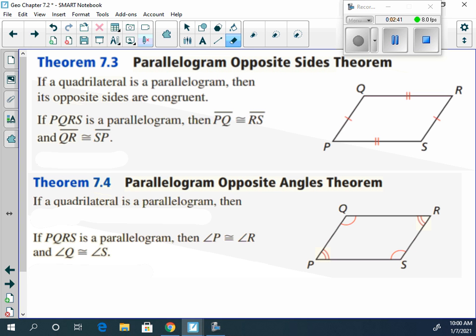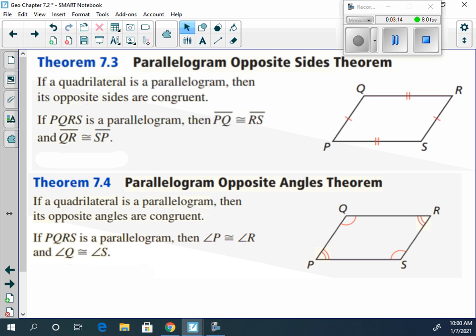And this works out because if two lines are parallel, they never cross, never intersect. They don't get any closer to each other, so the distance between them should always be the same. So if a quadrilateral is a parallelogram, then the opposite sides are congruent. It also means that if a quadrilateral is a parallelogram, then its opposite angles are congruent.